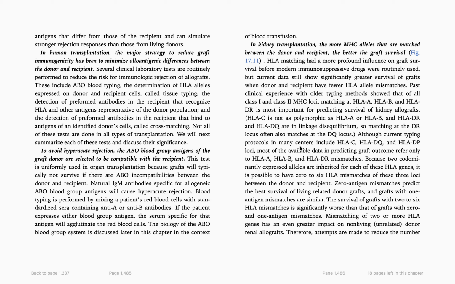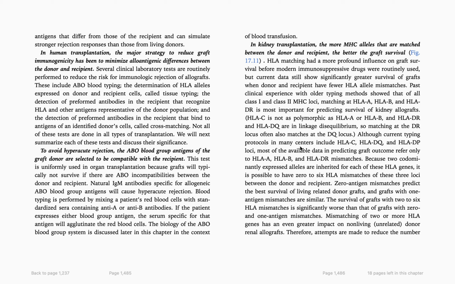In kidney transplantation, the more MHC alleles that are matched between the donor and recipient, the better the graft survival. HLA matching had a more profound influence on graft survival before modern immunosuppressive drugs were routinely used, but current data still show significantly greater survival of grafts when a donor and recipient have fewer HLA allele mismatches.